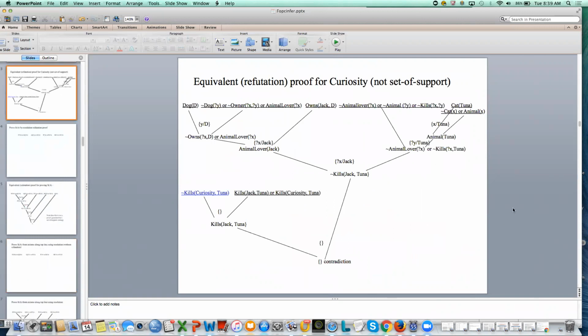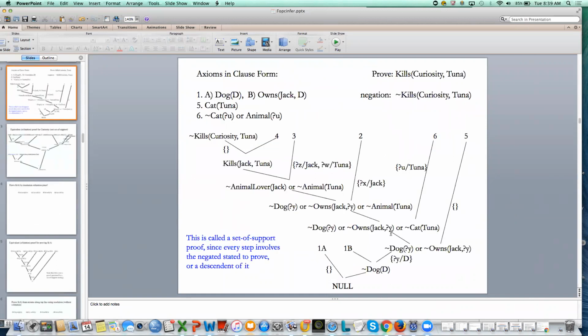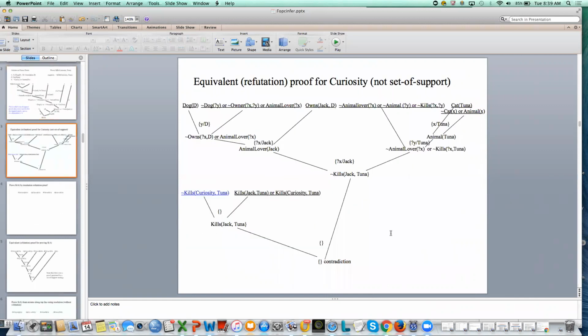Here's another refutation proof. I'm not sure you can read it, but the slides will be posted later. You can go back and look at it. But this is not set of support. It's still a valid proof, but at each step, it does not necessarily use the negated statement or its descendants.